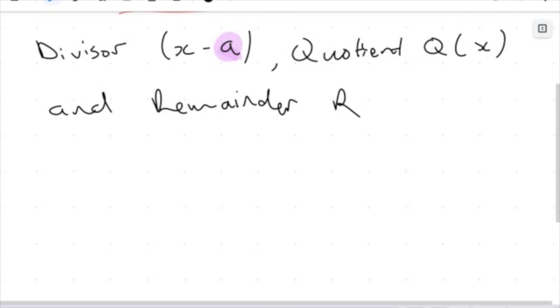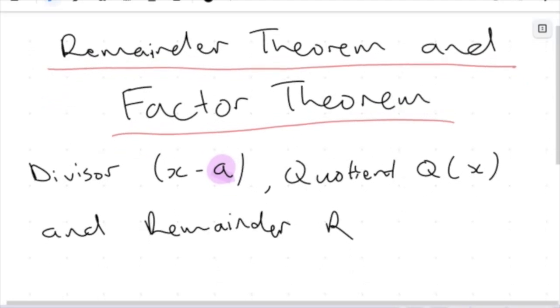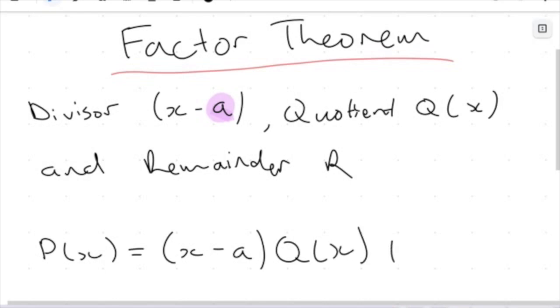And the reason I'm going over this now is to introduce the remainder theorem and factor theorem with polynomials. When we did this division, we represented our polynomial p of x as this divisor, x minus a, times q of x plus our remainder.